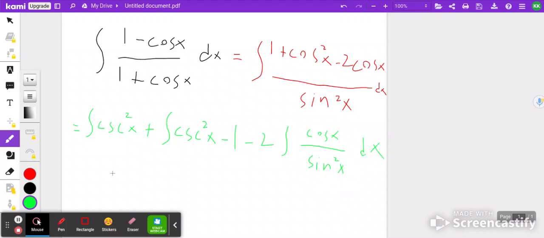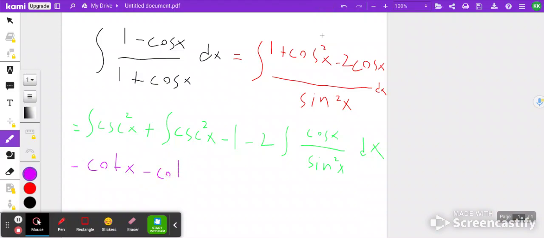For the first integral, I'm going to use a different color, maybe purple. For the first integral, cosecant squared x, the integral is just negative cotangent x, which is known. And then plus the integral of cosecant squared x minus 1, which is, again, negative cotangent x minus x.